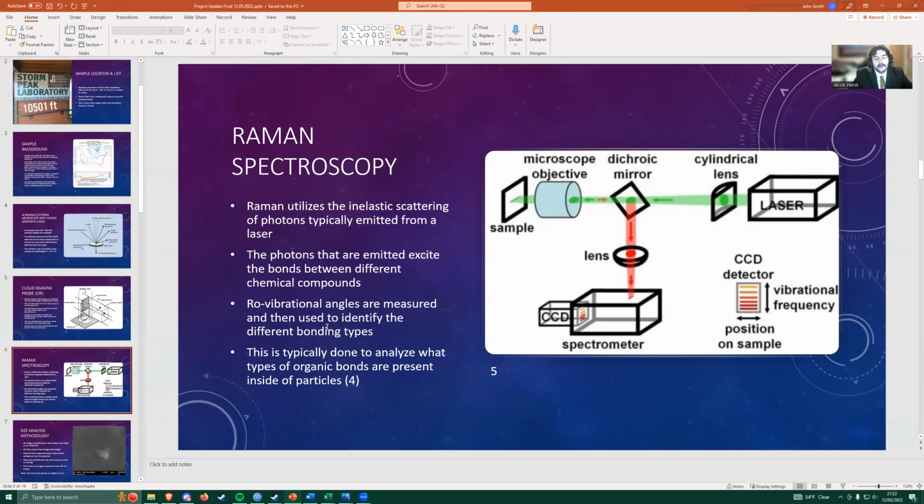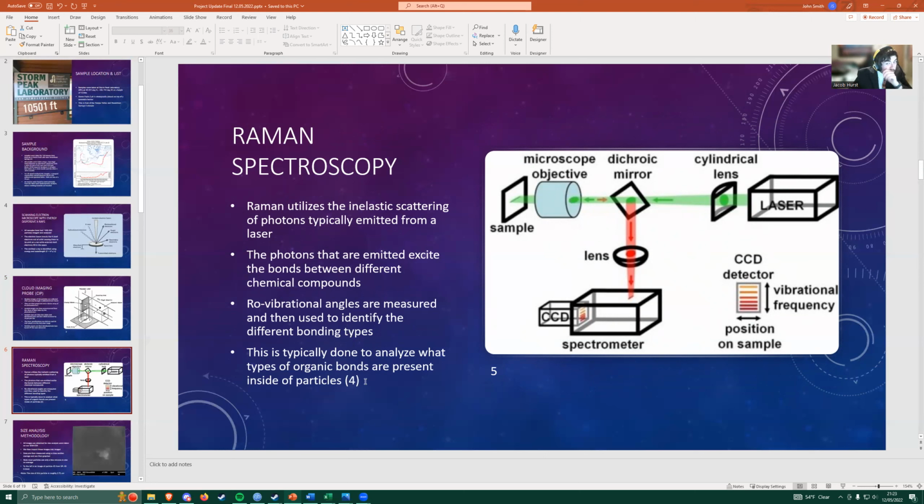When the photons hit this particle, they excite the bonds between them and cause them to rotate kind of like this. Then we measure how much they're actually rotating, and that's how we identify what compounds are there. This is typically done to analyze the types of organic bonds that are present inside of particles.